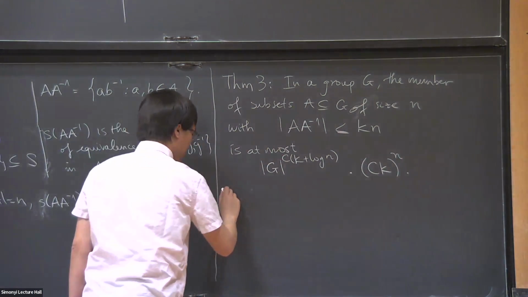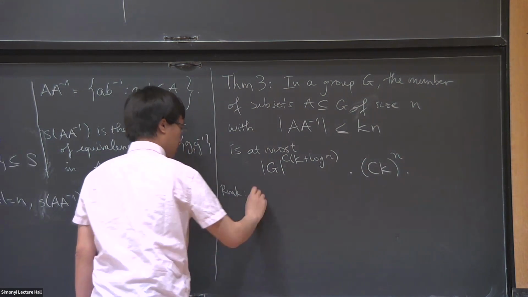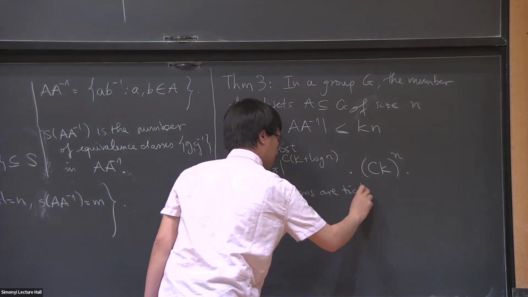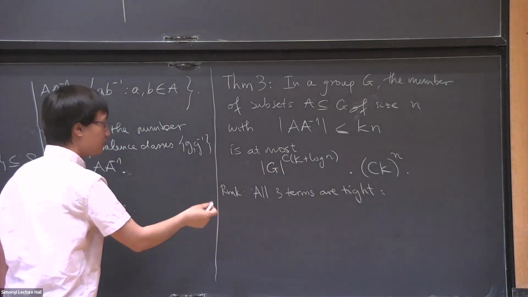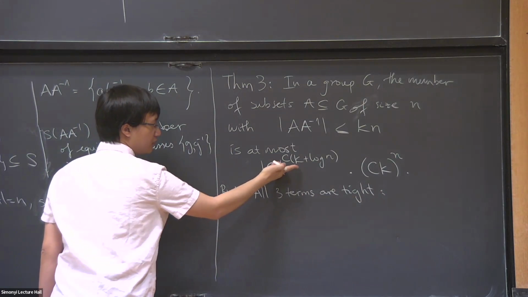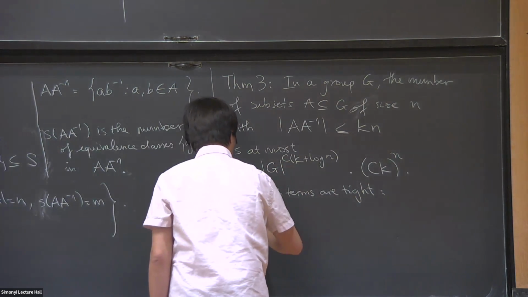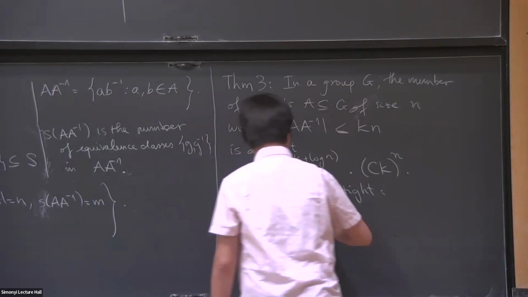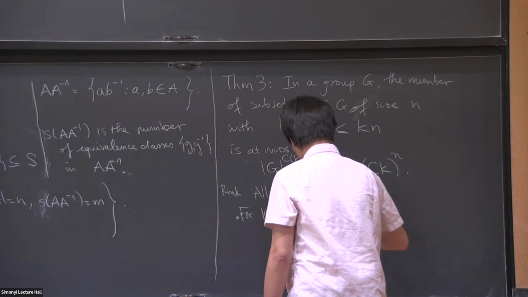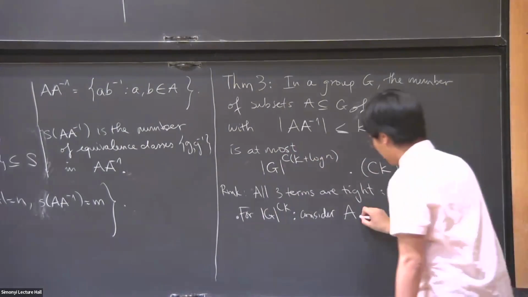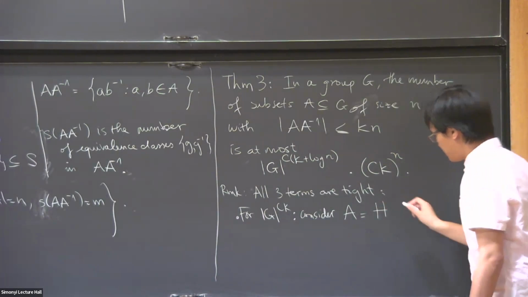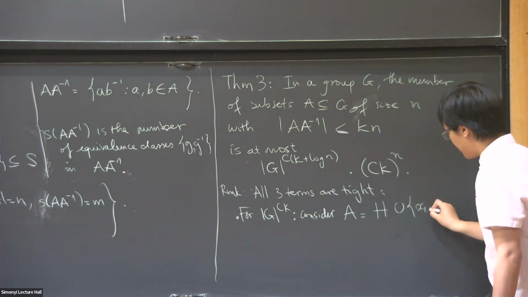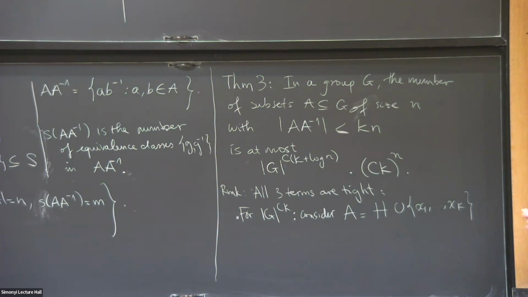So let me just remark on why this is the case. All three terms are tight. To see that we need this term, the size of G raised to the power k, we can take, for example, A, which is maybe just the union of some subgroup H of G together with some generic set of k group elements.